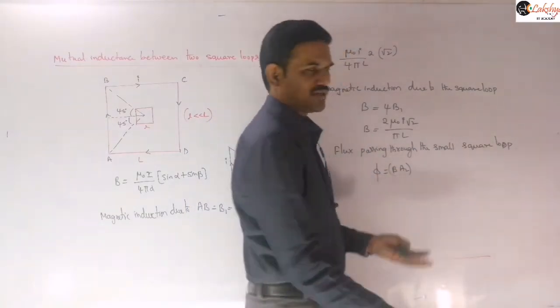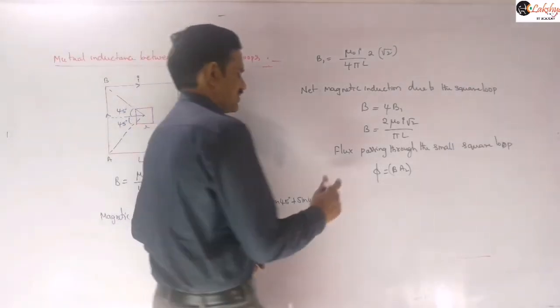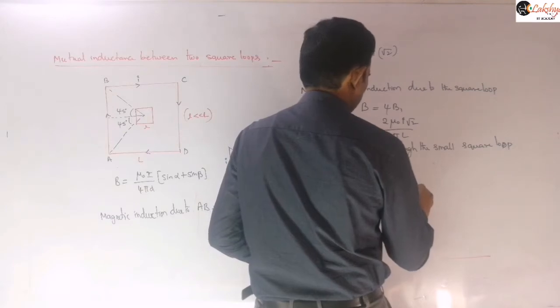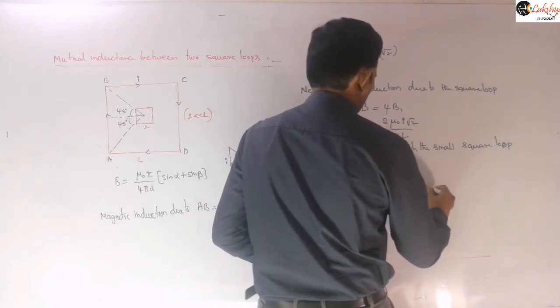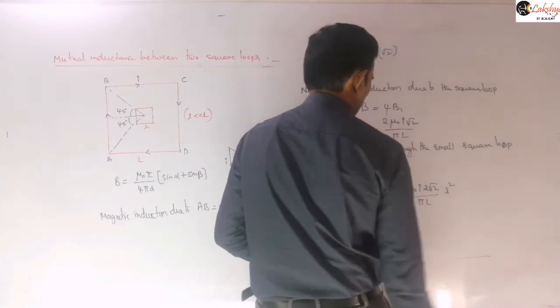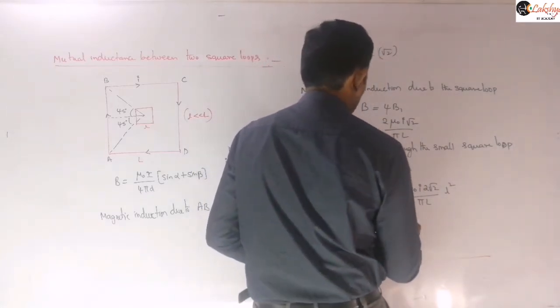Here we are not taking any number of turns, so there is no need of writing n terms here. Only a single loop we are assuming. So therefore it is mu naught I into 2 root 2 by pi L into L square. Then this value we can equate with phi is equal to M I.